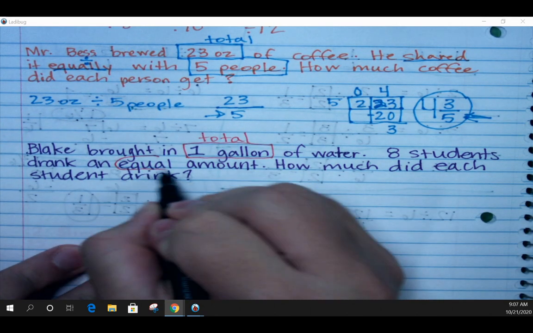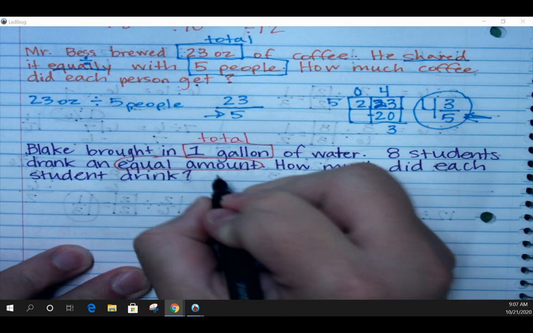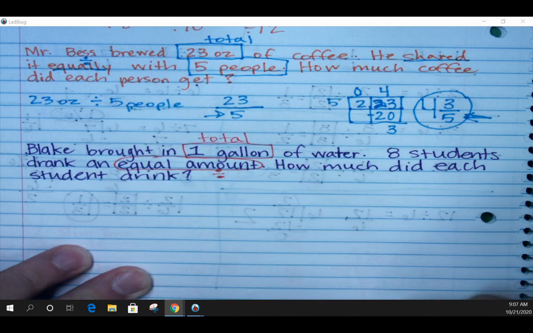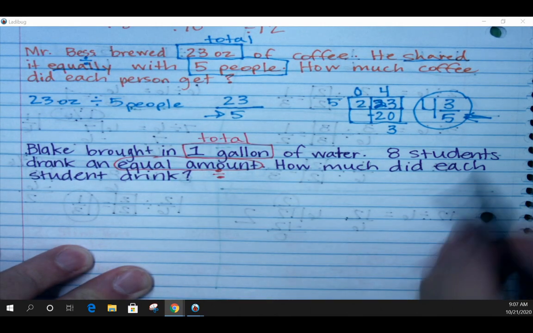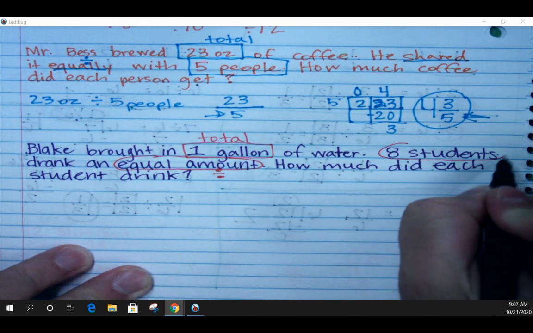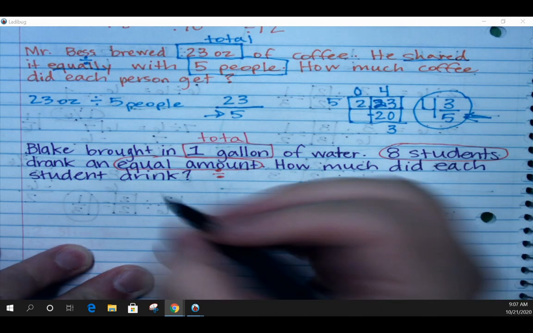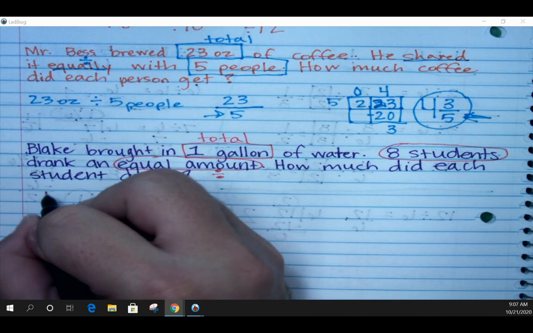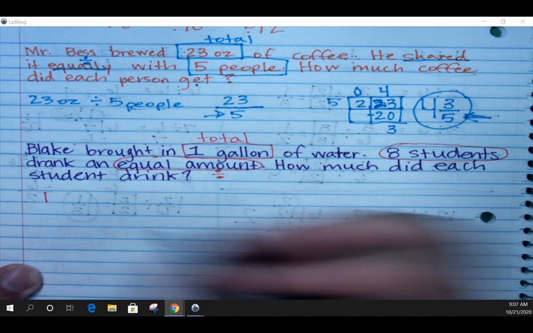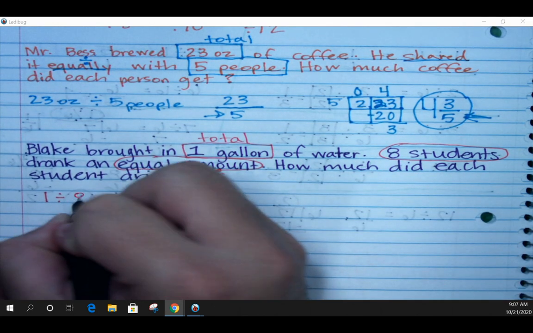Equal amounts is fair shares. That tells me to divide. What am I dividing it by? 8 students. So I'm taking the total water, which is 1 gallon, and I'm dividing it by 8 people.